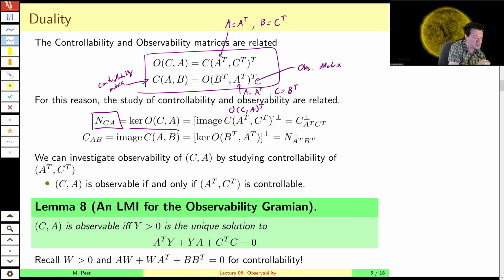So the set of vectors which are orthogonal to that. And so we get that the unobservable subspace is equal to the perp of the controllable subspace of the dual system.